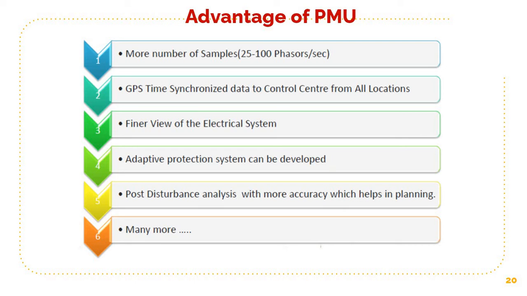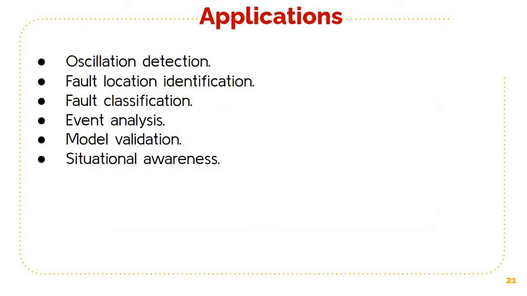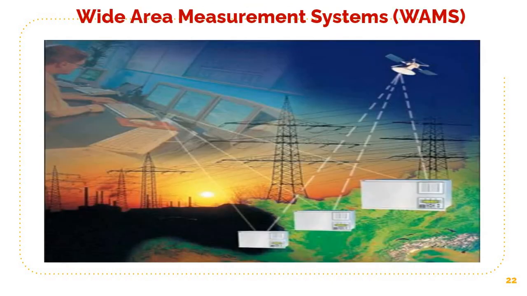Most importantly, a post disturbance analysis with more accuracy can be done, which helps in planning, and there are many more applications. The possible applications are oscillation detection, fault location identification, fault classification, event analysis, model validation, and situational awareness.